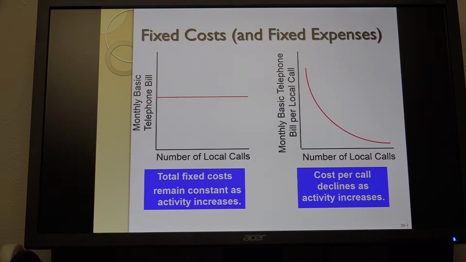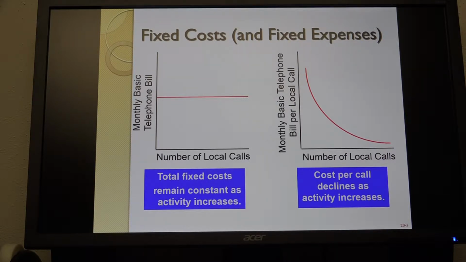Well, what would that be? Here they use the monthly basic telephone bill. I guess if you have a landline, this may be still accurate. Let's get more sophisticated with our example and talk about a manufacturing warehouse.